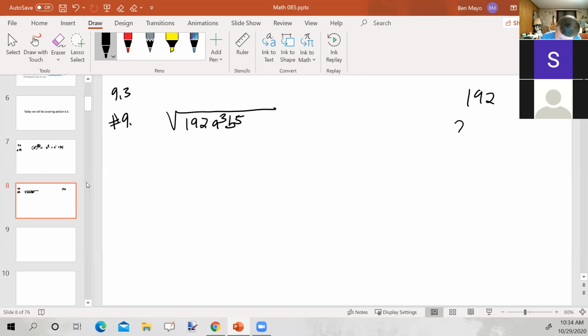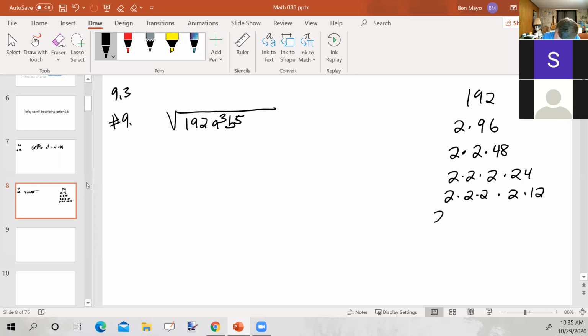192 is even, and it would be 2 times 96. Well, 96 is even, so that's 2 times 48. So that's 2 times 2 times 48, which is even, so 2 times 24. Then 2 times 2 times 2 times 24 is 2 times 12, and 2 times 12 is 2 times 6.